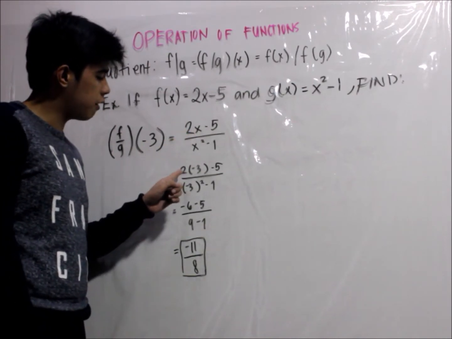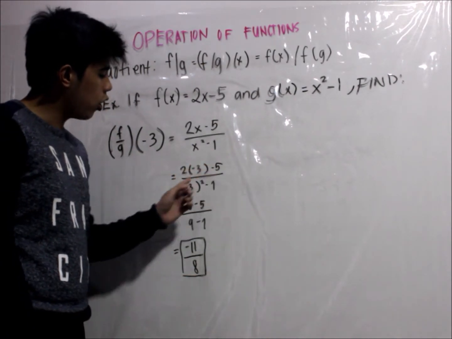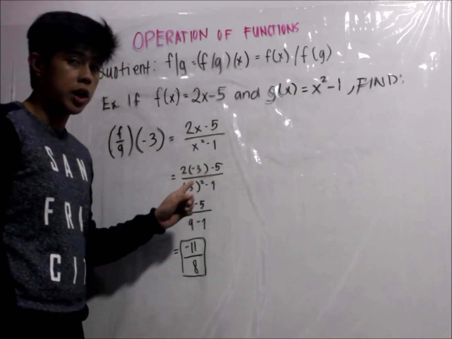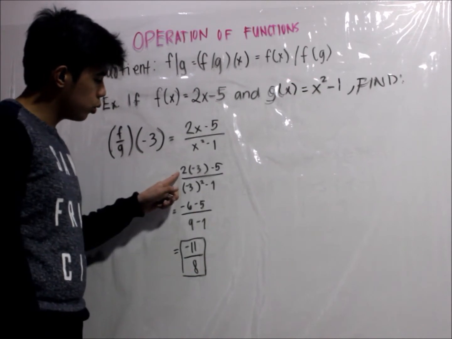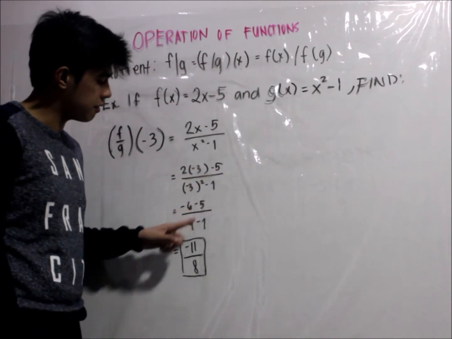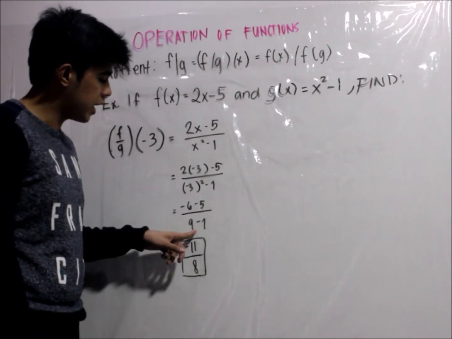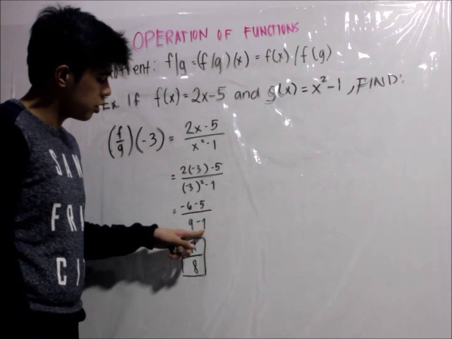So when this happens, we will have 2 times negative 3, minus 5, over negative 3 squared minus 1. So 2 times negative 3 is negative 6, and same as always is minus 5. Then, negative 3 squared will become positive 9, and minus 1 will still be minus 1.